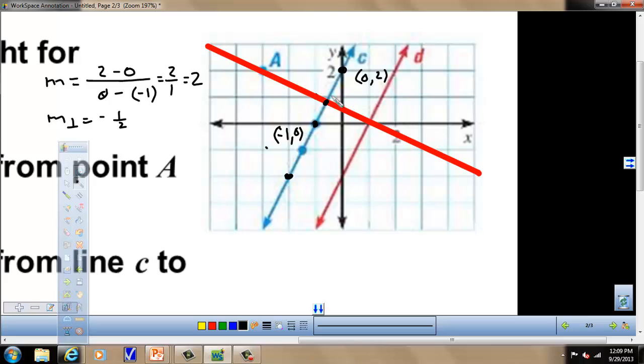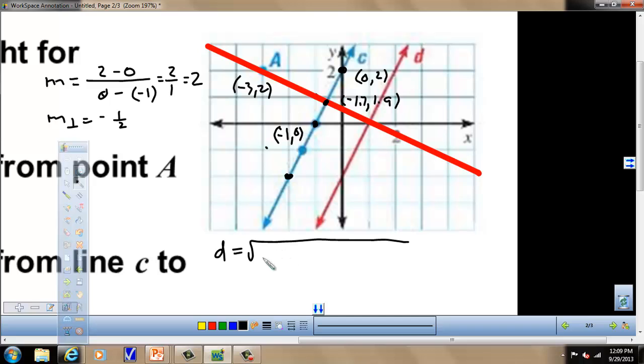And that gives us this point, which looks like it's about (-1.7, 1.9). So I'm going to use that to find the distance. So the distance in this case would be, let's see, the square root of, the coordinates here are (-1.7, 1.9) and (-3, 2).